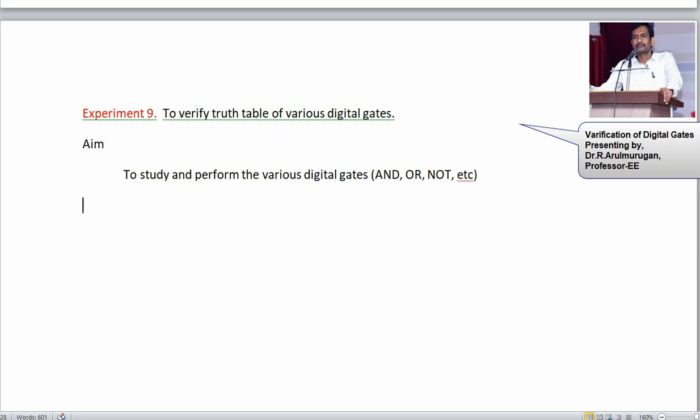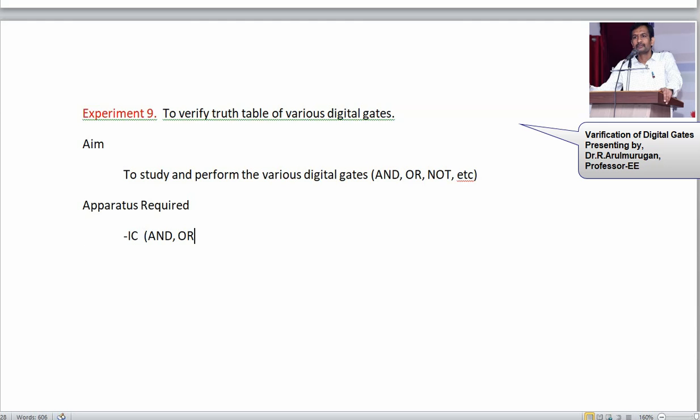Then the apparatus required. I already said it is an IC. The AND gate is available as an IC, and practically you are going to use the AND IC, OR IC, and NOT IC. The IC number I will tell you later.